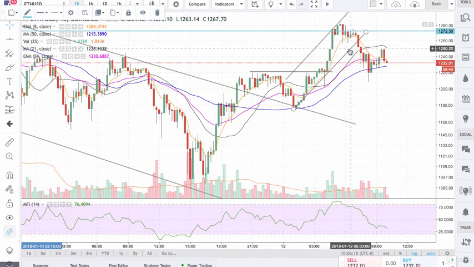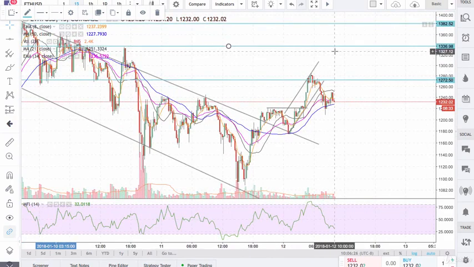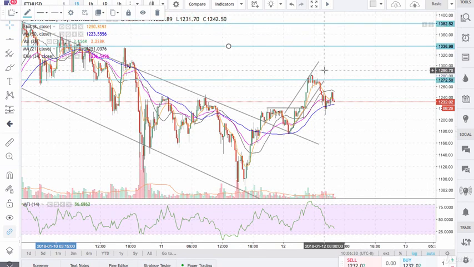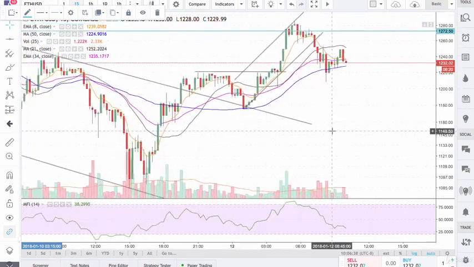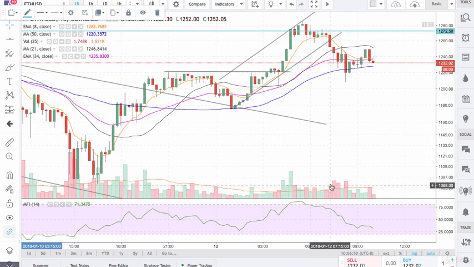If this channel wasn't violated, if the support wasn't violated, price would have continued at the 45-degree angle all the way up to 1336 and 1362. So you stay in the trade as long as support holds. If support fails, and then you have down bars and money flow is moving down, then you close the position. You see right here, volume is increasing, this is all selling.